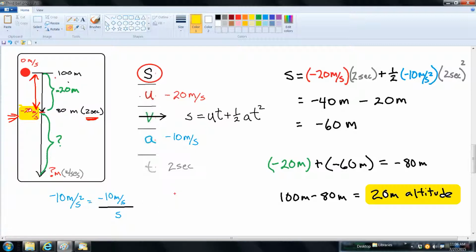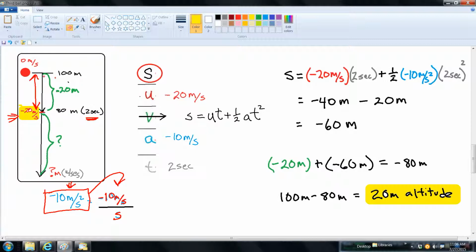Now you don't need to use Suvat to know that, because of the definition of acceleration, and let's take a look at the way it's usually written, minus 10 meters per second squared. But what that actually means is that we're losing 10 meters per second every second.